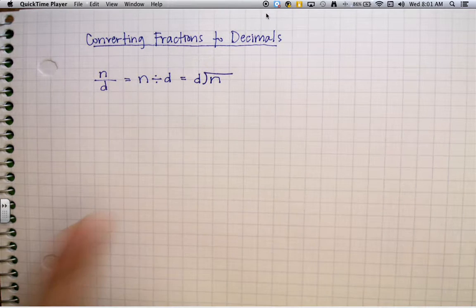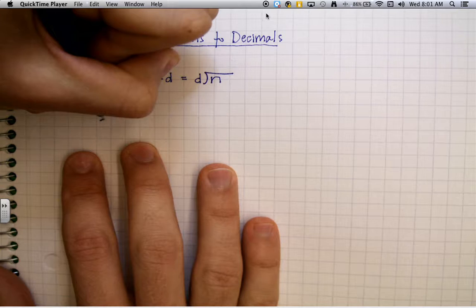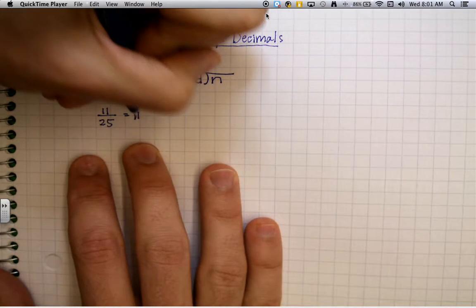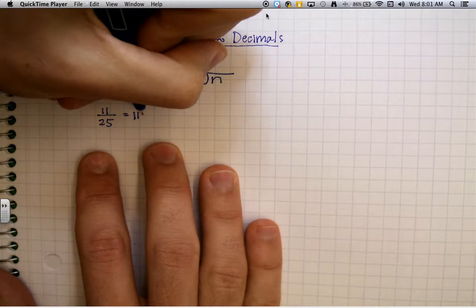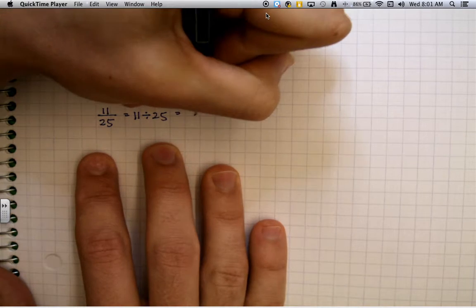Now let's use that definition and try an example. I'm going to take 11/25 and I'm going to convert that fraction into a decimal. So that means not only 11 parts of 25, but it means 11 divided by 25, or how many 25s fit into 11.